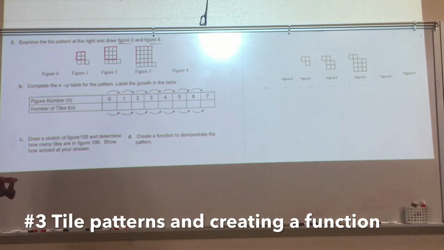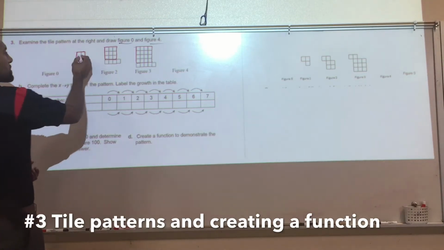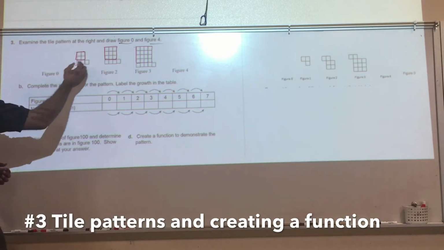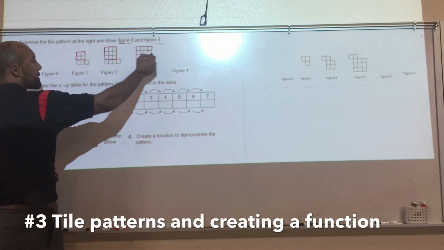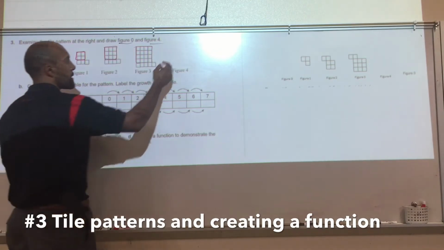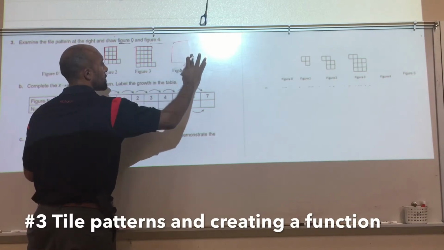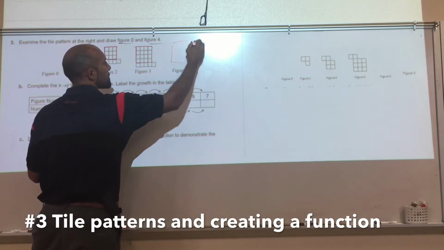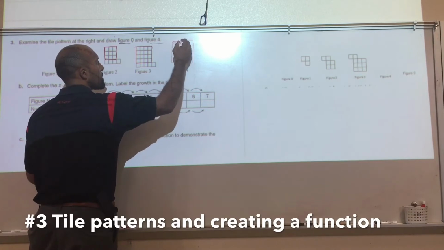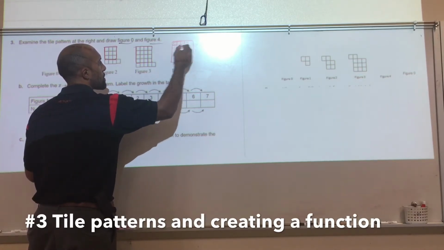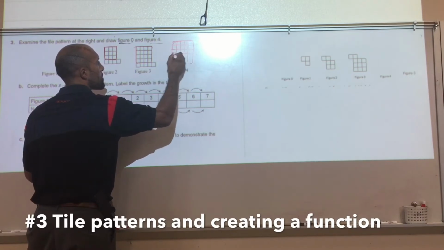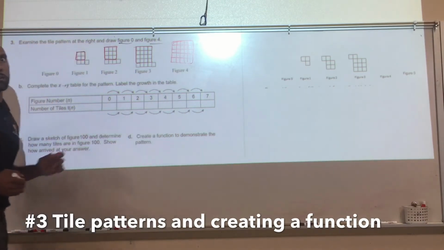If I'm following that pattern, 2 by 2, 3 by 3, 4 by 4, well the next one must be 5 by 5. And so I'll do my best to make a 5 by 5 square. Remember, nobody's perfect, doesn't have to be great.